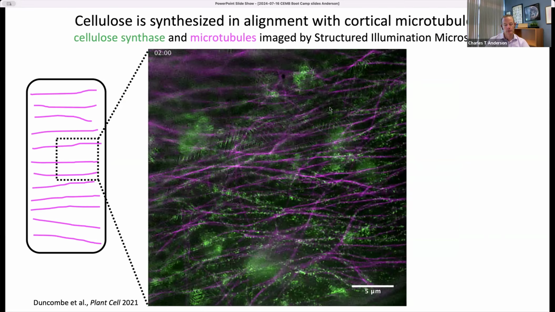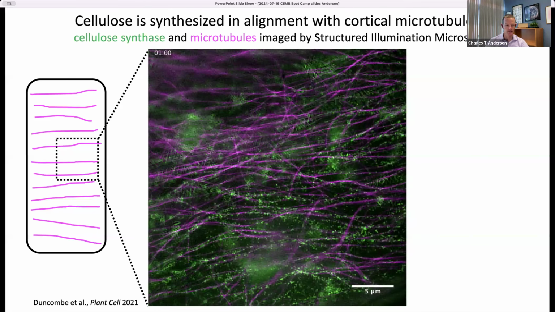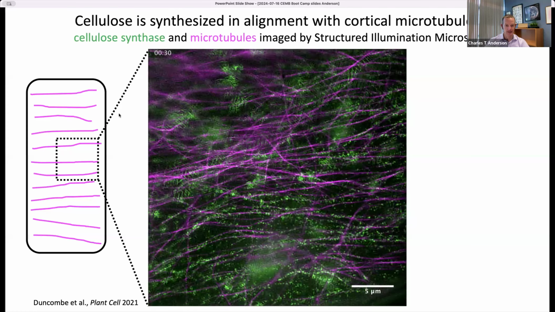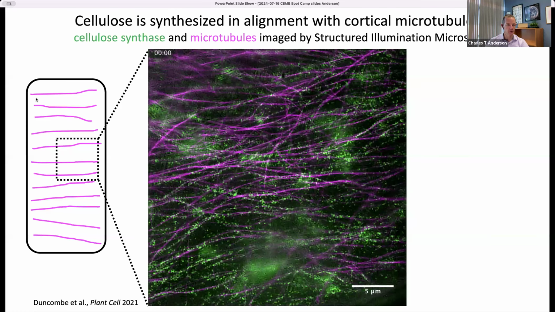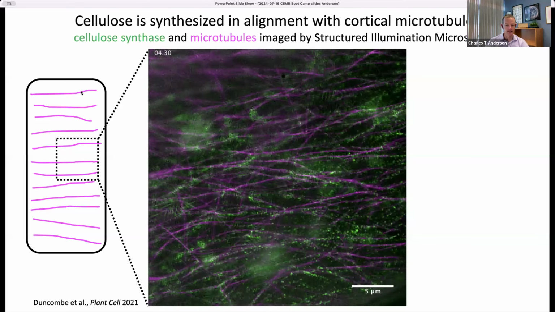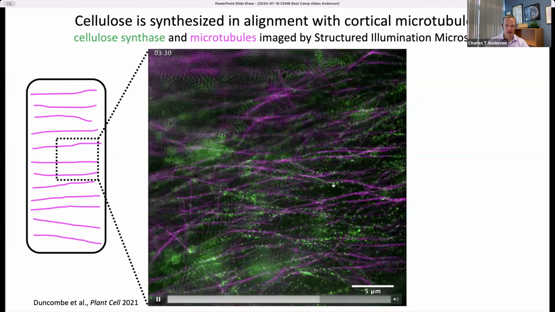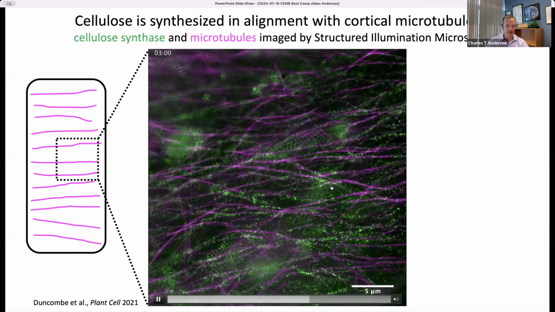So plant cells, unlike animal cells, most of which have their microtubules organized around the centrosome, mostly lack a centrosome, and they have their microtubules arranged in arrays along the cell cortex, so along the edge of the cell. And these microtubules help guide these cellulose synthase complexes that move, as you can see in these little green dots moving along the surface of this cell. The microtubules help guide these cellulose synthase complexes as they're spinning cellulose out into the wall.